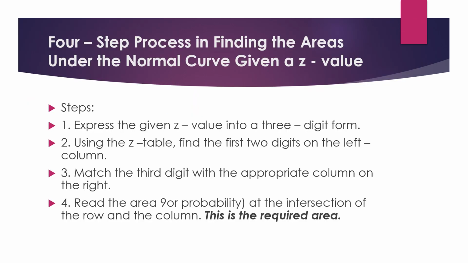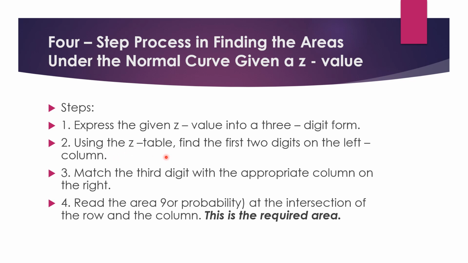How to use the table of areas under the normal curve. There is a 4-step process in finding the areas under the normal curve given a z-value. Step 1. Express the given z-value into a 3-digit form. Step 2.